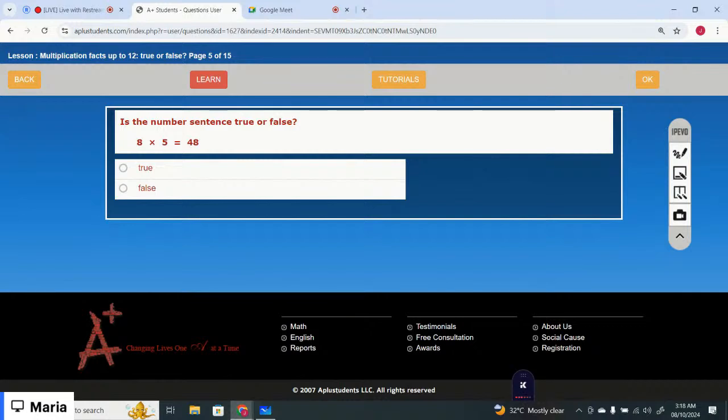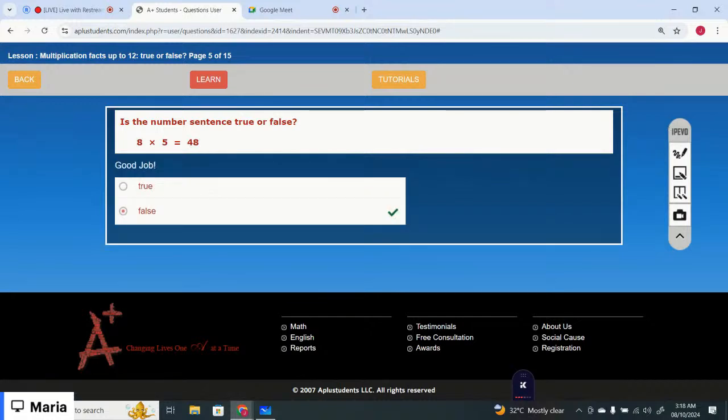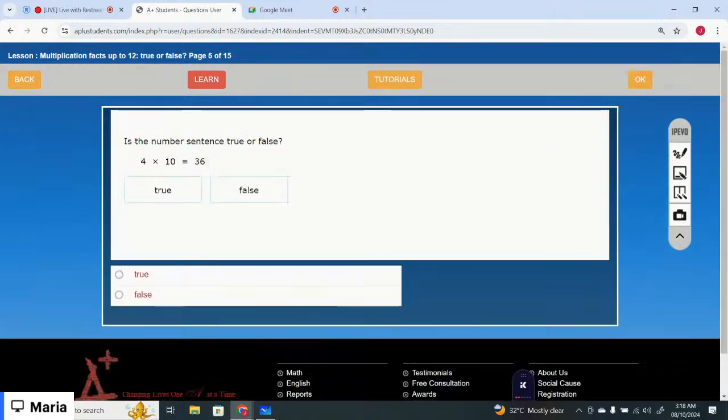False it is. 8 times 5 is 40. So, that is false. Option number 2 is the correct option, and 40 is not equal to 48. So, false it is.